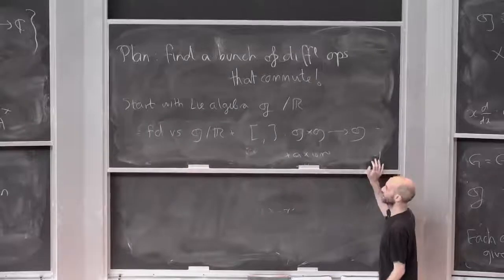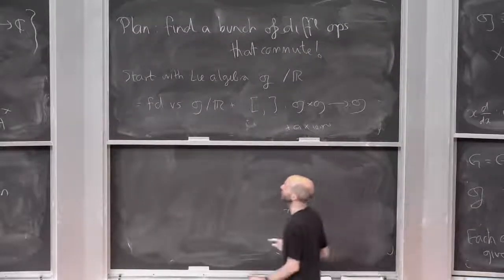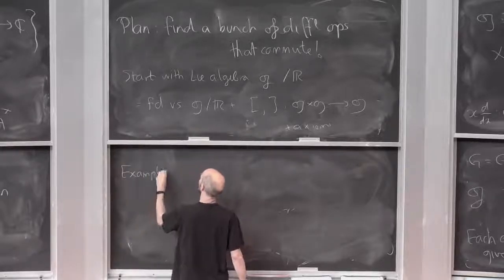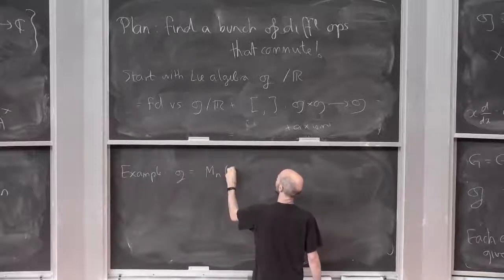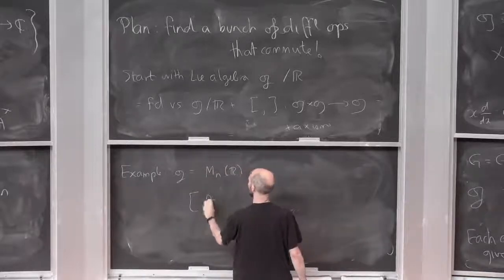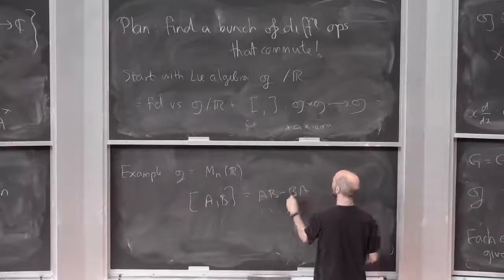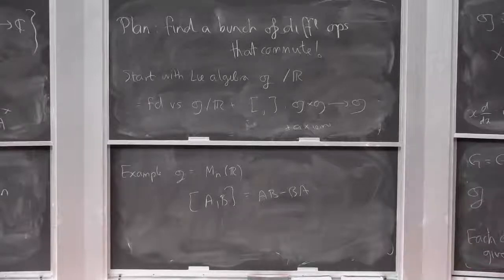There's something called a Lie algebra. There's some axioms. It doesn't really matter what the axioms are. But I'll tell you something. The example that people always talk about is that G can be n by n matrices. And the way you define the bracket, you do this, A times B minus B times A. Okay? And when you think about it, for two random matrices, A and B, they don't commute.